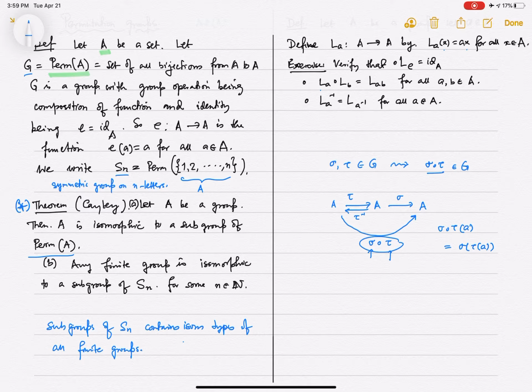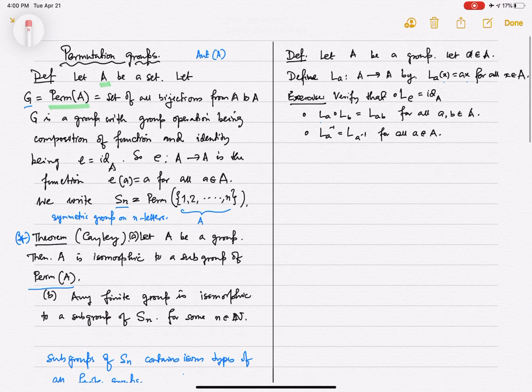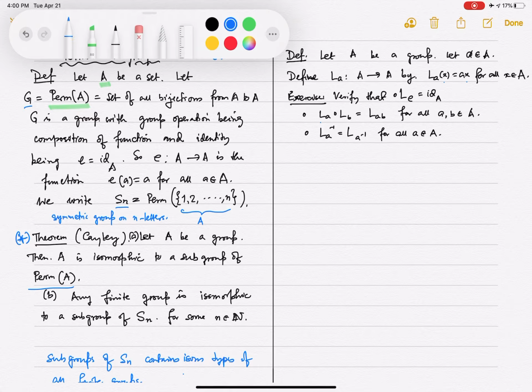So take any finite group whatsoever, there is some subgroup of Sn which is isomorphic to that one. So if you just look at subgroups of Sn, all types of finite groups show up. So that's why they are very, very rich, and they are very, very important. So we'll study them in detail next. Okay. So this theorem is an advertisement of the importance of symmetric groups.